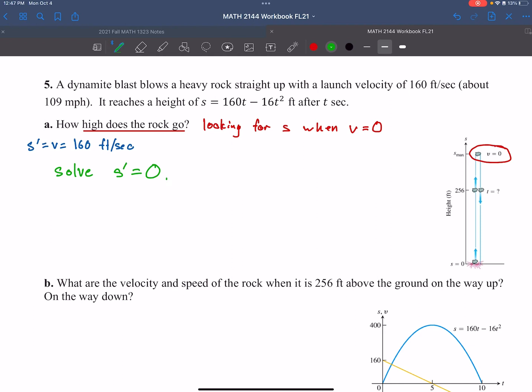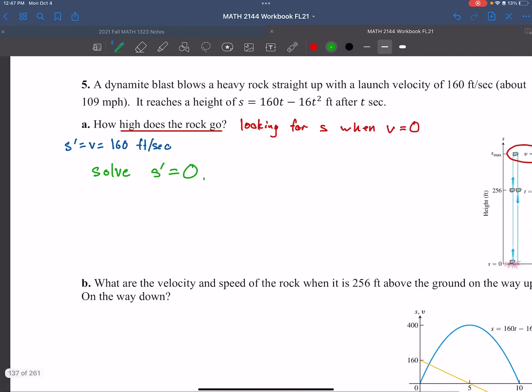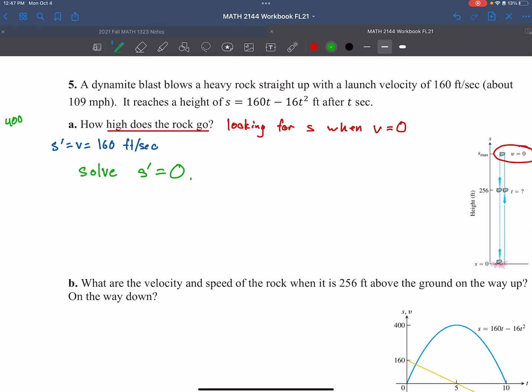The answer to that, again, I'll leave you to work through the details, but the answer, let me reference it from my notes, maybe off to the side I'll put it, is 400 feet. But notice we're looking for a position. So this is really only step 1, because if we solve s prime equal to 0, we get a time.